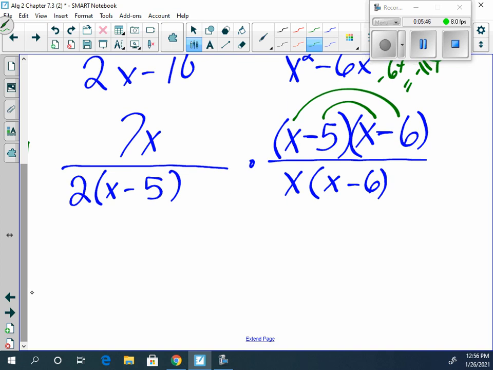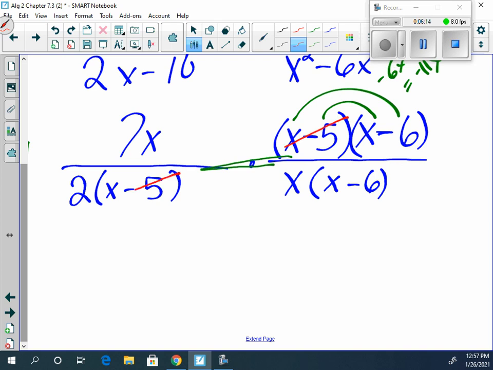Well, now we can multiply them together. Or we can be lazy and just draw a line to connect the two, because they're all being multiplied together. So we could rewrite them, or we can just connect the two. And now we simplify what's in common on top and bottom. Yes? So what is in common on top and bottom?